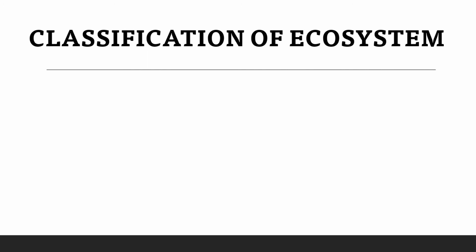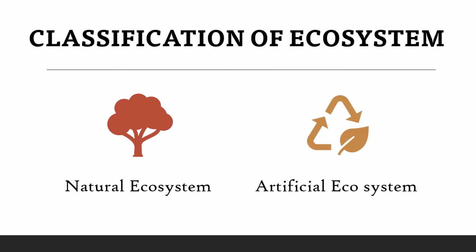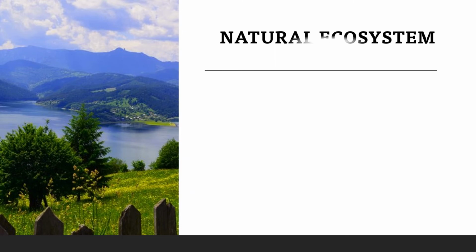Now we'll see how the ecosystem is classified, that is classification of ecosystem. Ecosystem is classified as natural ecosystem and artificial ecosystem. Let us understand what is natural ecosystem. A natural ecosystem is developed and governed by nature.